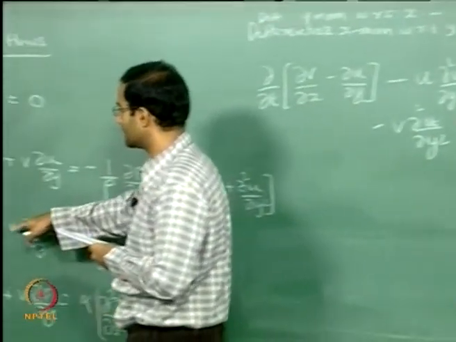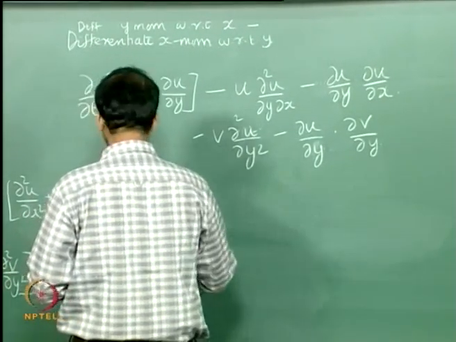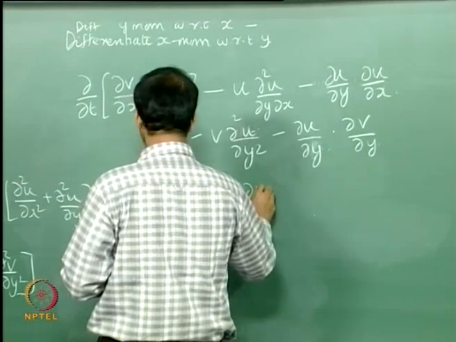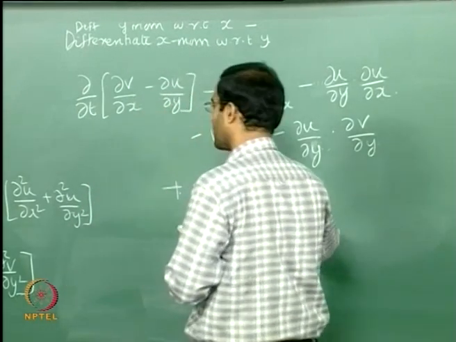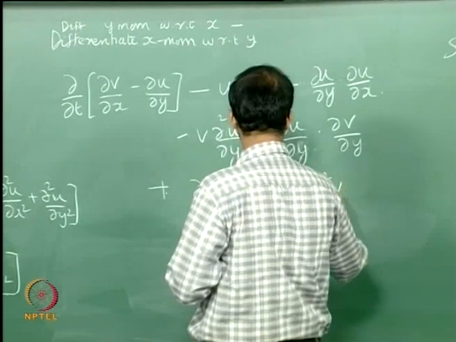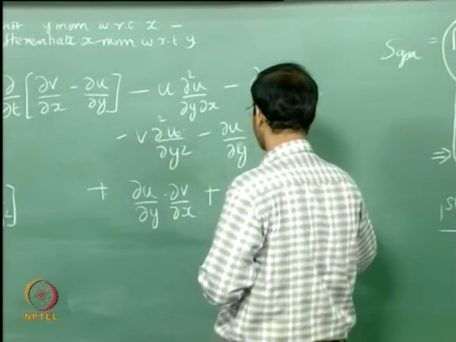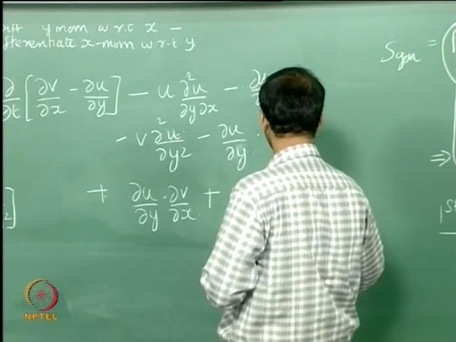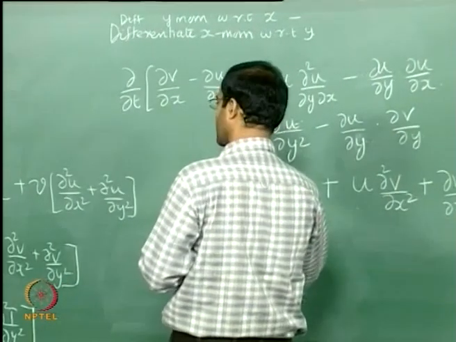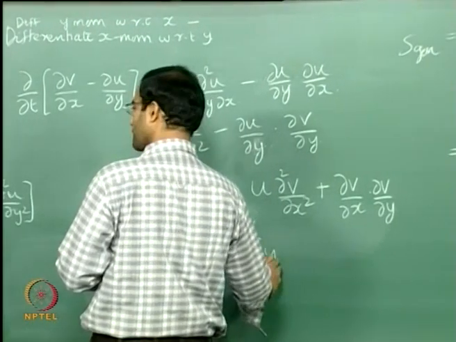Okay, so this minus this, right, so these terms will be positive here, so plus you have du by dy into dv by dx, plus you have u into d square v by dx square, plus I am going to differentiate with respect to x into dv by dy, plus v into d square v by dx dy.